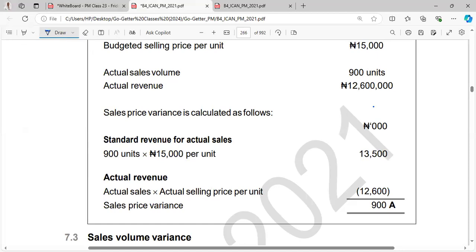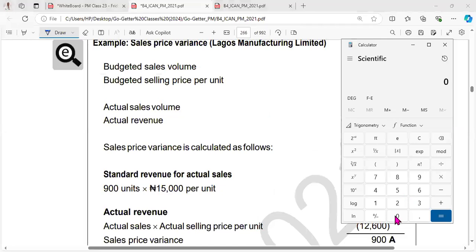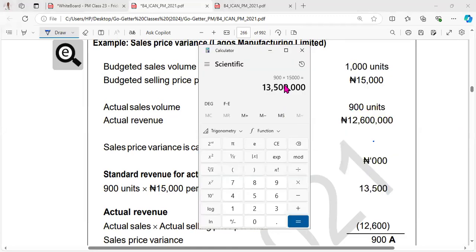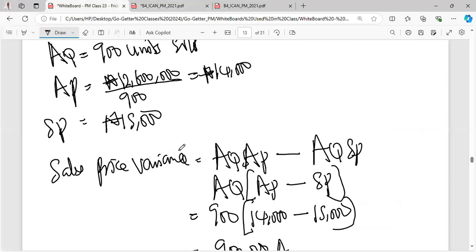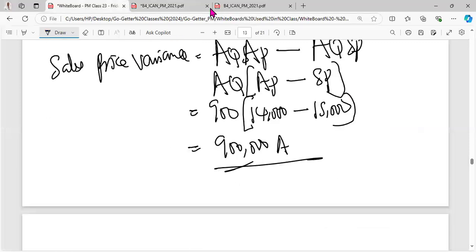Okay, it's the same thing. Let me see: 900 times 15,000 is 13,500,000. Okay, sorry, I didn't see these three zeros. So we are in line. So 900,000. That's fine. So that's your sales price variance.